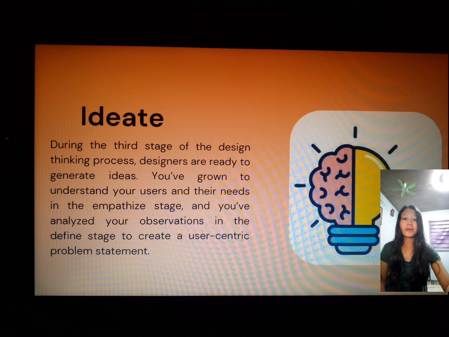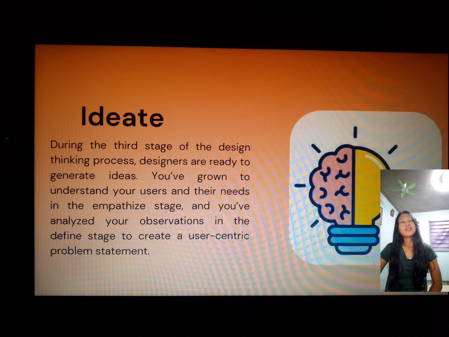So now let's jump into ideate. In this third stage of the design thinking process, of course, the designers are ready to generate ideas. You've grown to understand your users and their needs in the empathize stage, and you've analyzed your observations in the define stage to create a user-centric problem statement.